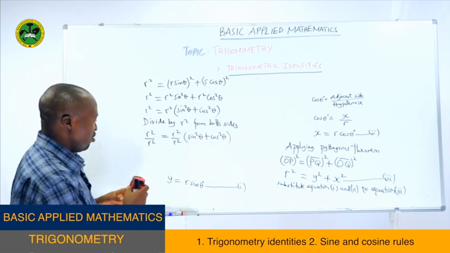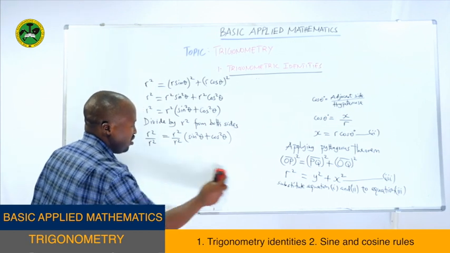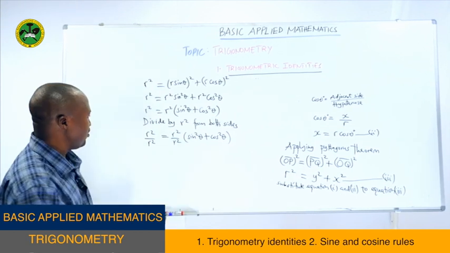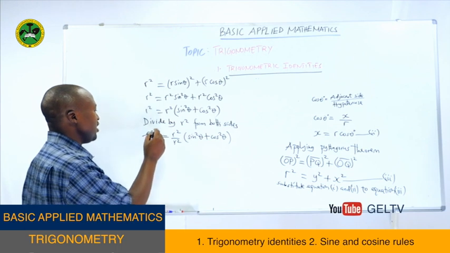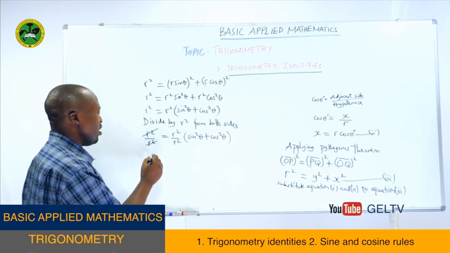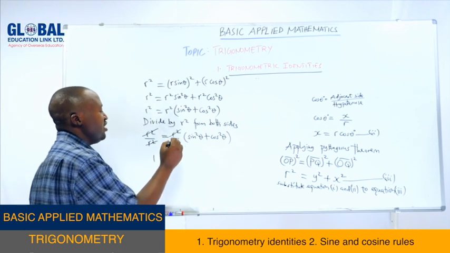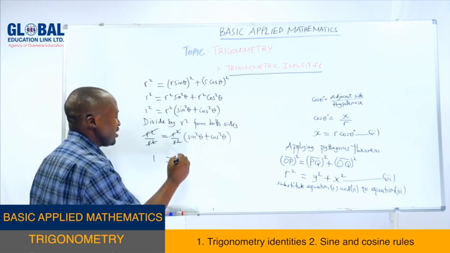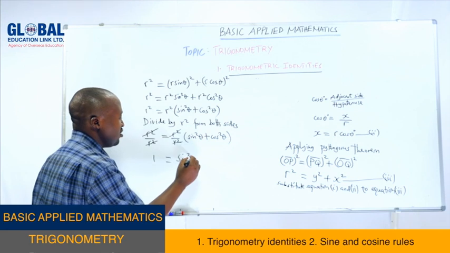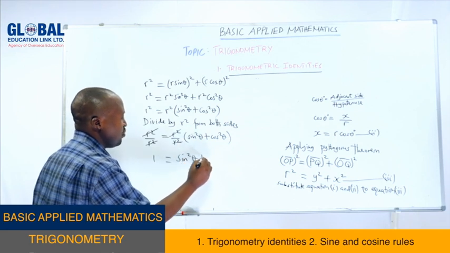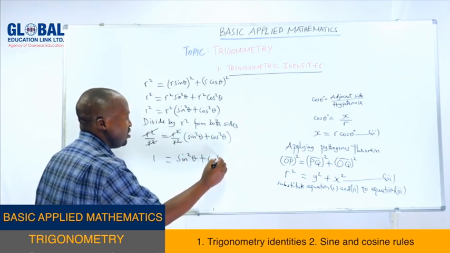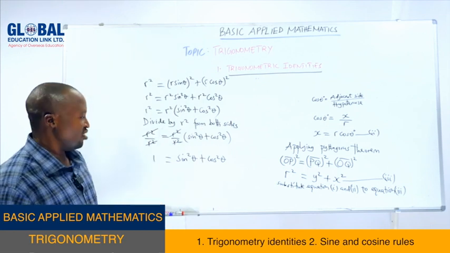On simplifying, r squared over r squared remains with 1, which is equal to, again, the sine squared theta plus cos squared theta.